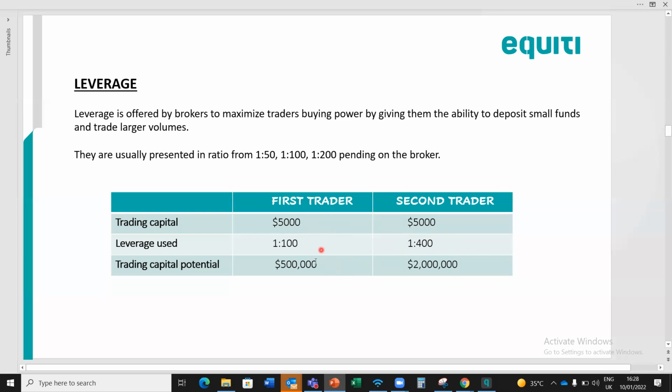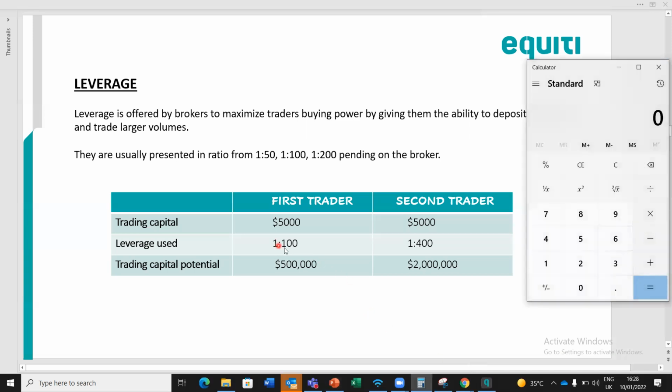The first trader using 1 is to 100 has a trading capital power of $500,000. How is that $500,000? It's $500,000 because 1 is to 100 simply means every $1 from this $5,000 has $100 purchasing capacity in the market.